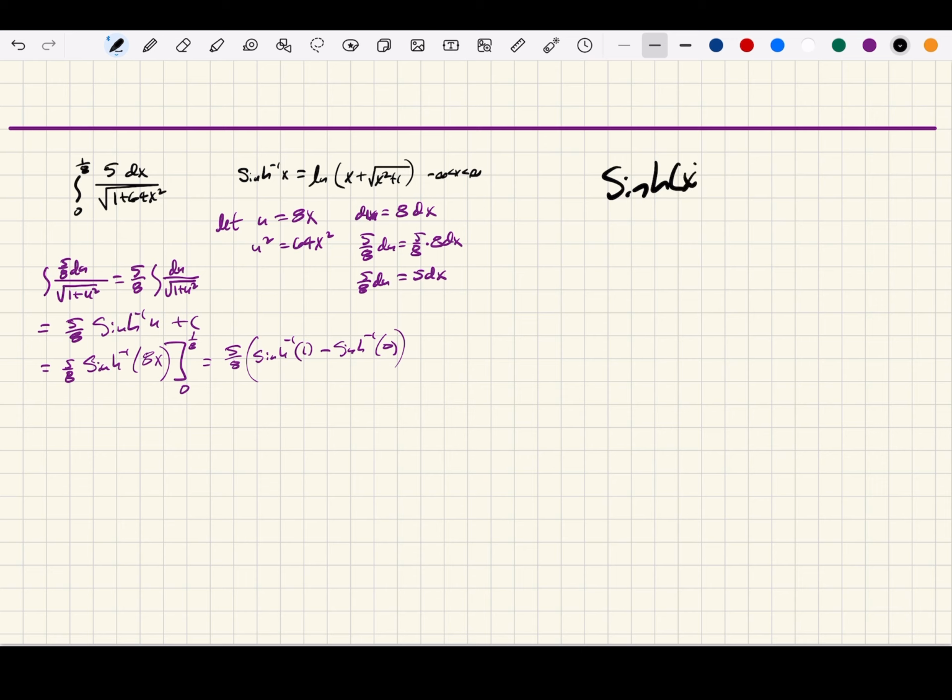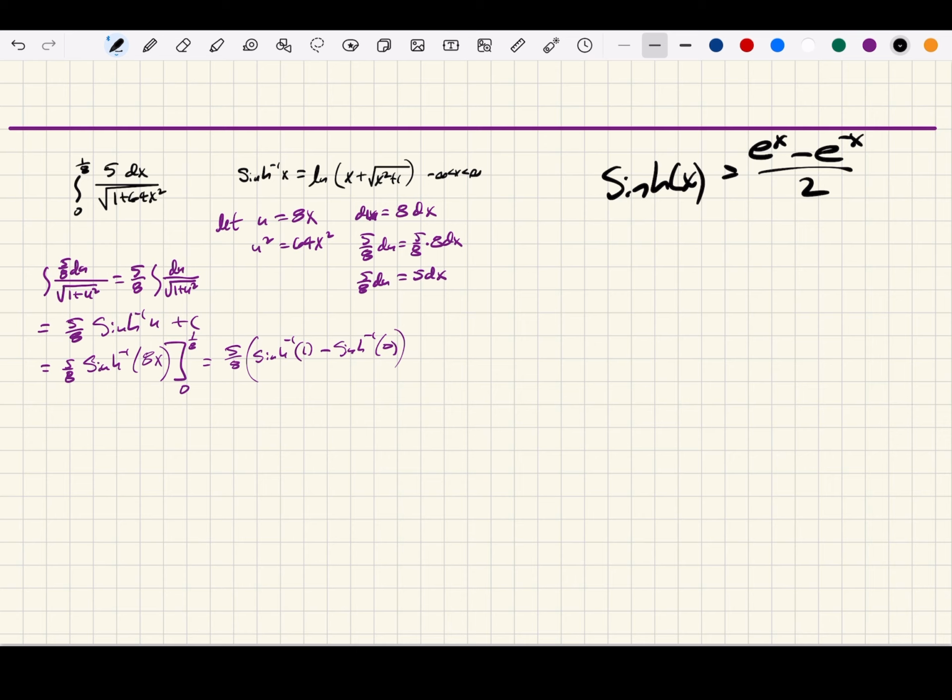So now remember what we have here is inverse hyperbolic sine. Now, hyperbolic sine is e to the x minus e to the minus x over 2, right? But now we've got inverse here. So when I do the inverse hyperbolic sine, I would get an x value back, not the value that is expressed here.